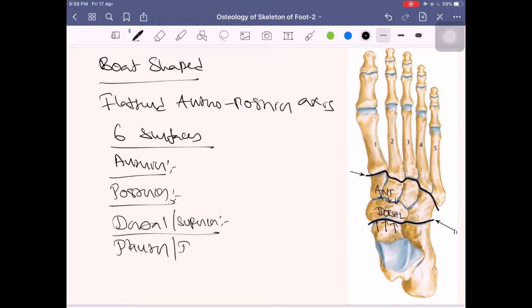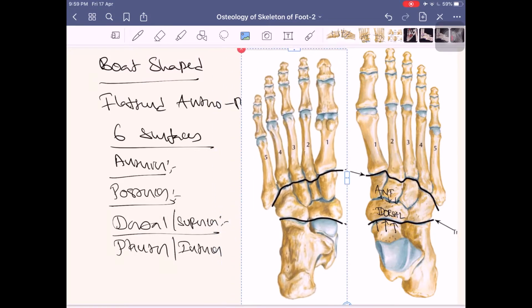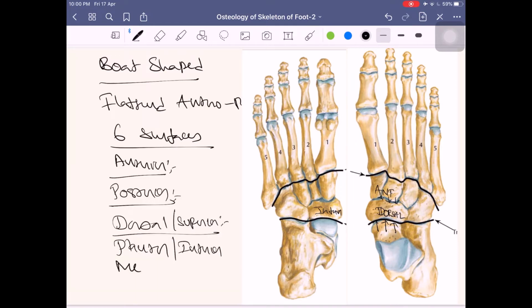Then the plantar surface or inferior surface, which is the surface opposite of this. For this I can bring another image here, and here you can see this is your inferior or plantar surface. Then you have the medial surface, which will be the middle side.